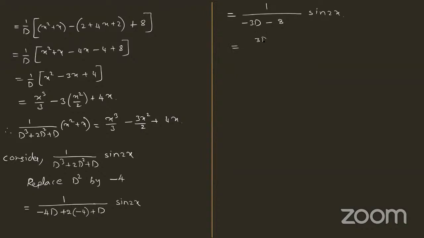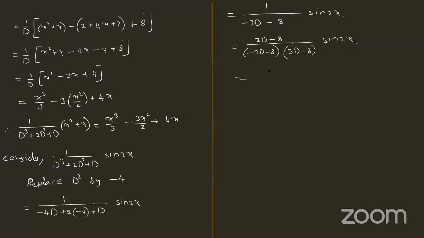So 3D minus 8 divided by, if you have a confusion in this, try to take a minus common from those two so that you will get clarity. So here we have minus of 3D minus 8, and I'm multiplying this with 3D minus 8 in the denominator. So it is sine 2x.